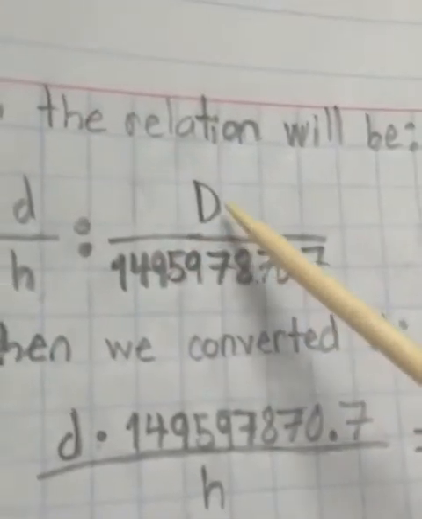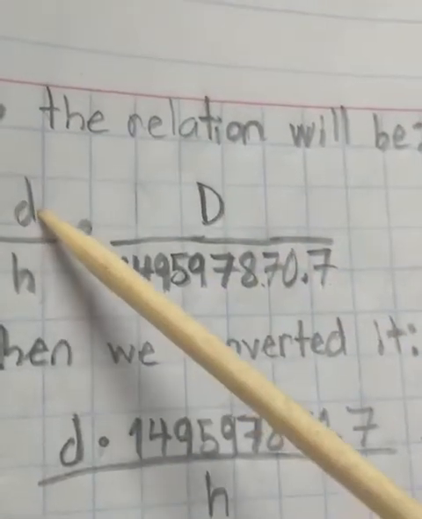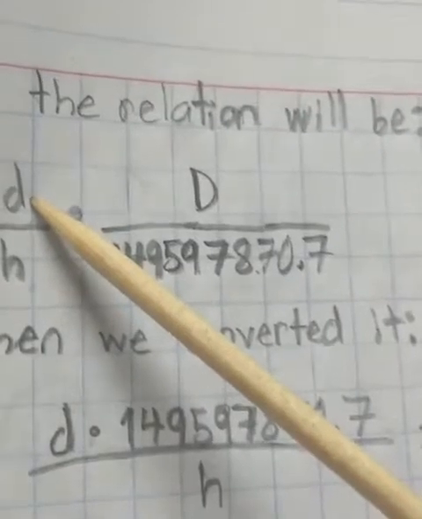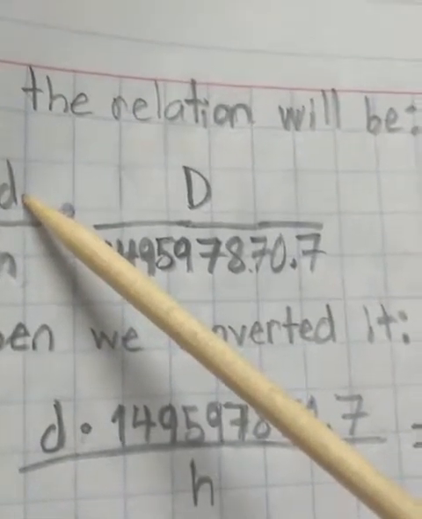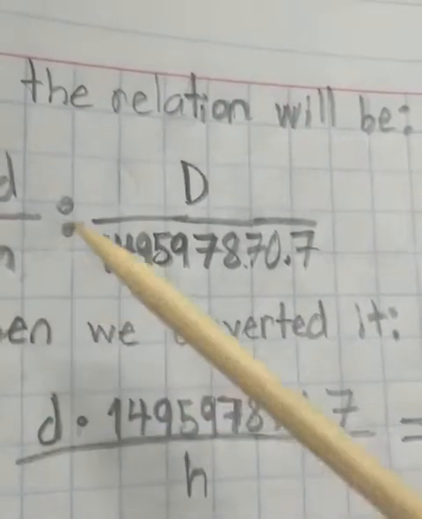So D is the diameter of the Sun. This d is the diameter of the little hole in the sheets of paper, and this H is the height between the two sheets of paper.